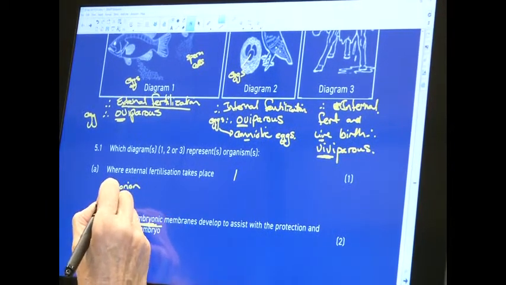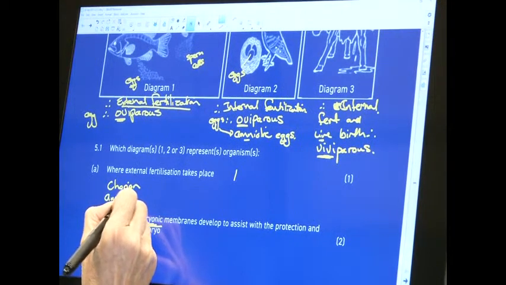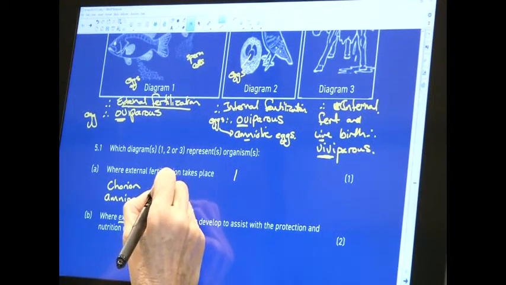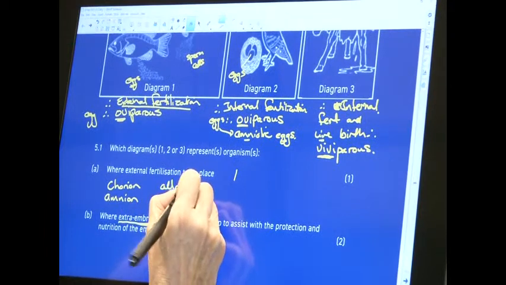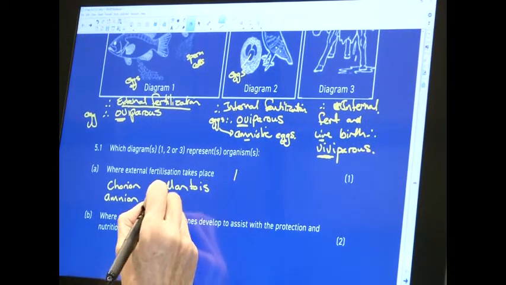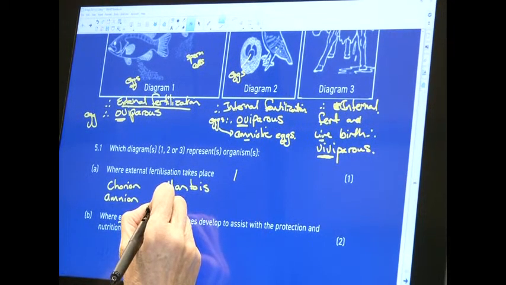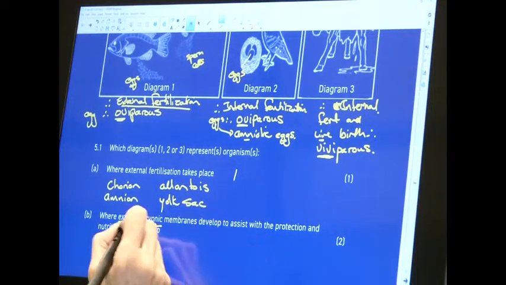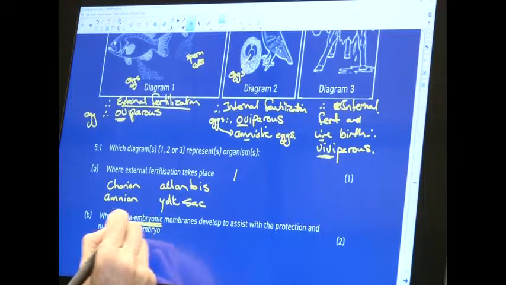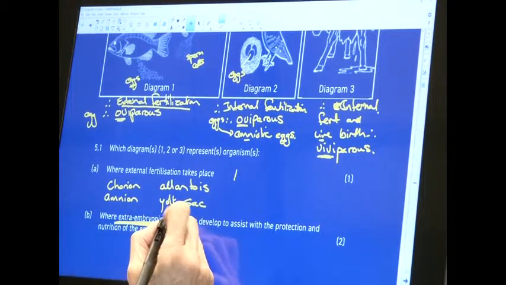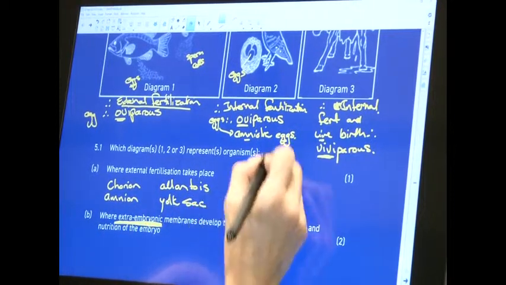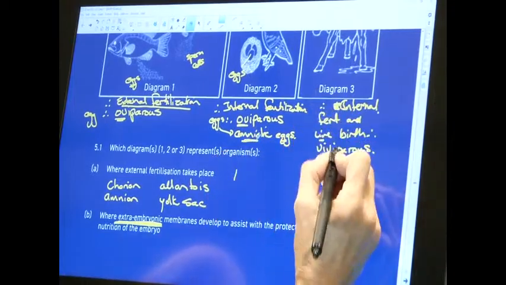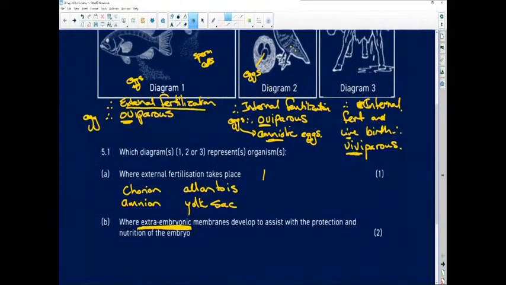And you then have the amnion, and you have the allantois, and you have the yolk sac. Okay, those are the 4 extraembryonic membranes that you will find in an amniotic egg and also in a uterine, so in mammals where you have a placental connection.